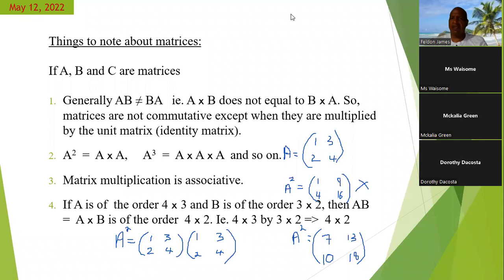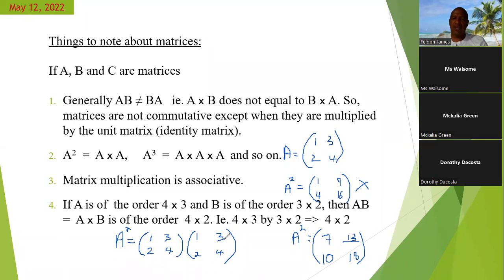Miss Green, check this calculation. That's 1 times 3, 3. 3 times 4, 12. 3 plus 12 gives you 15. Let us check the other one. 2 times 1, 2. 4 times 2, 8. 8 plus 2 gives you 10, correct.